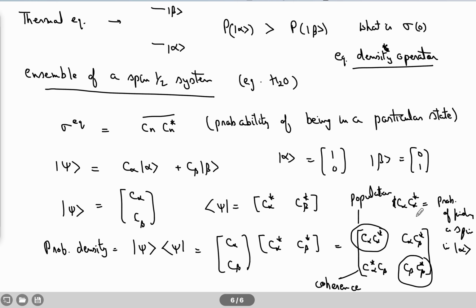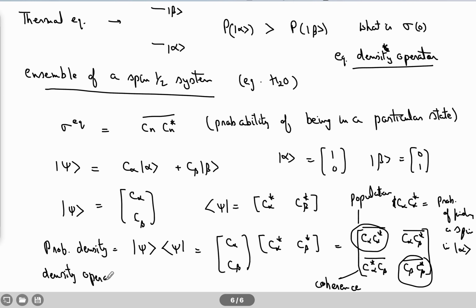Now if I convert this into the density operator, I will have the ensemble averages, and then this will get converted into the density operator.